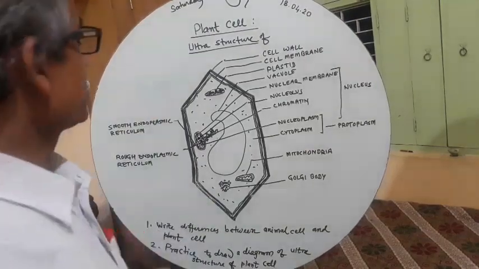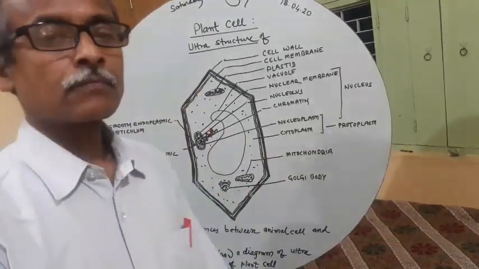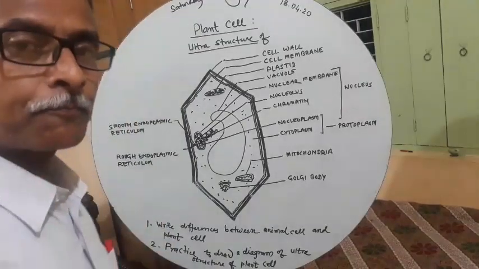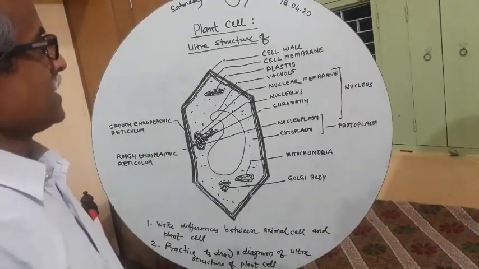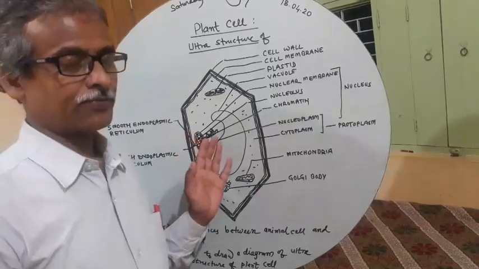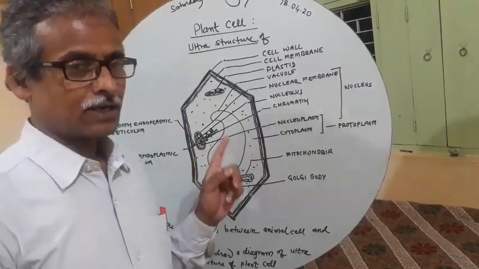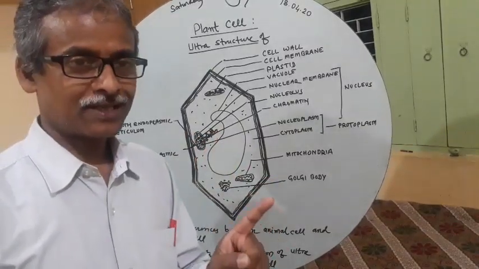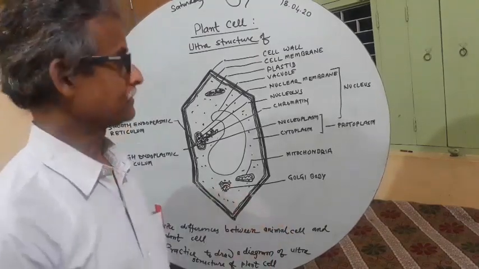As you can see the diagram of a plant cell, it is a diagram of ultrastructure of a typical plant cell.